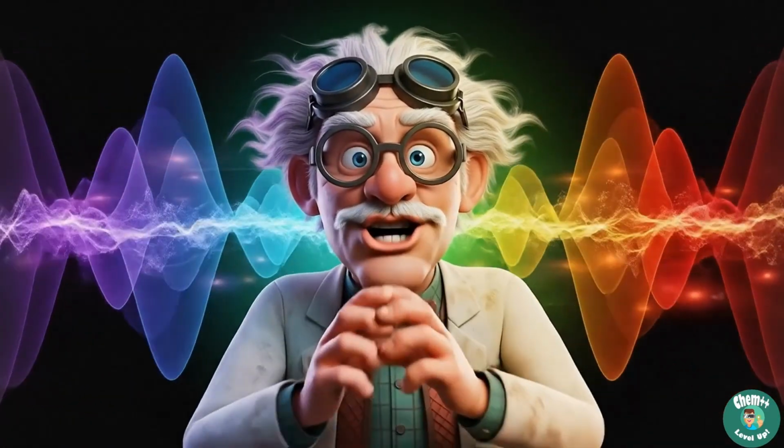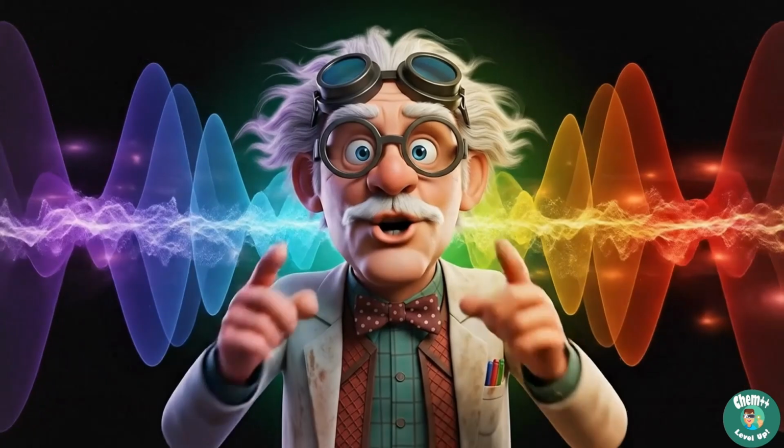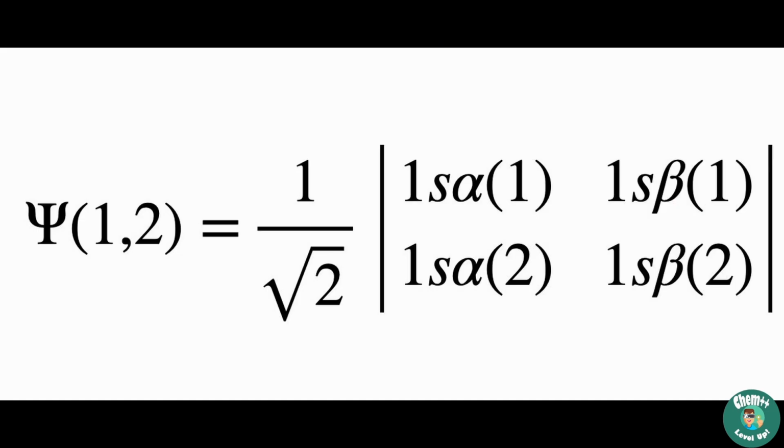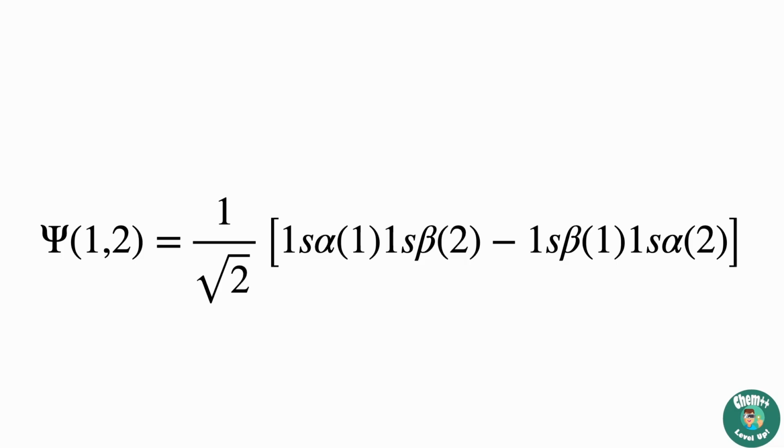To combine spin orbitals correctly, we use something called a Slater determinant, named after John C. Slater. For helium, it looks like this. Psi equals 1 over square root 2, determinant of 1s alpha(1), 1s beta(1), 1s alpha(2), and 1s beta(2). Let's expand it.